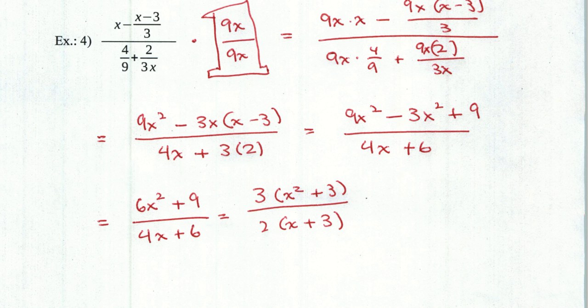And so when we factor the numerator and the denominator, we see a 3 comes out of the numerator, a 2 comes out of the denominator, and we've got an x squared plus 3 in the numerator, we've got an x plus 3 in the denominator, but nothing in common. There's nothing the same. So our answer is going to be the unfactored form, the 6x squared plus 9 over 4x plus 6.